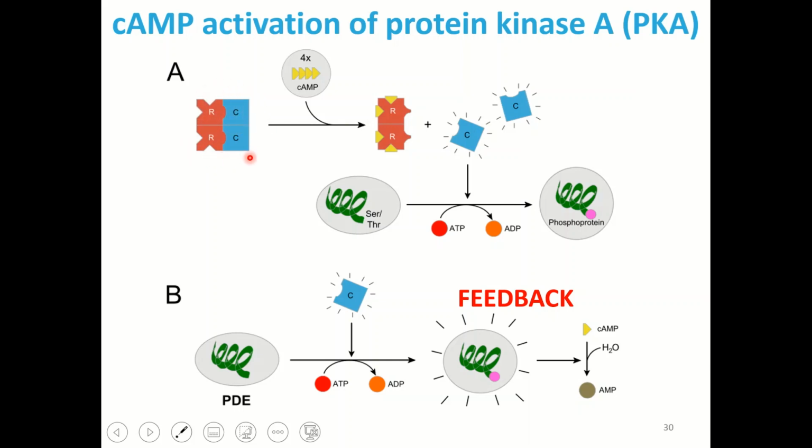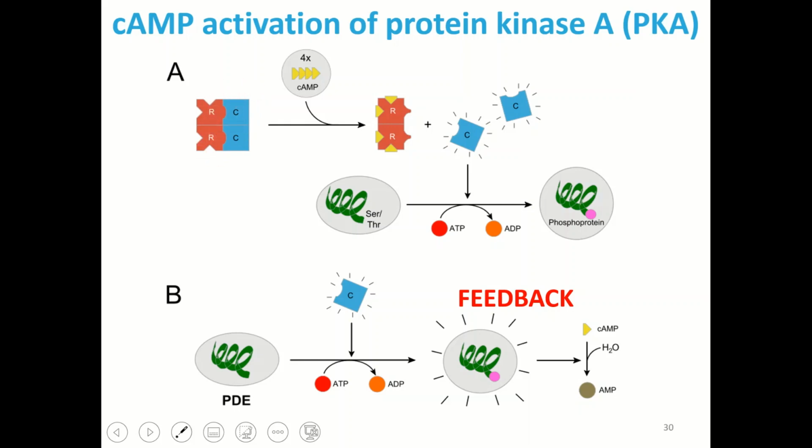This is protein kinase A. It has one dimer. The top dimer has an R subunit and a C subunit. The R stands for a regulatory subunit, and the C stands for a catalytic subunit. So there's one of those on top, one of those on bottom.